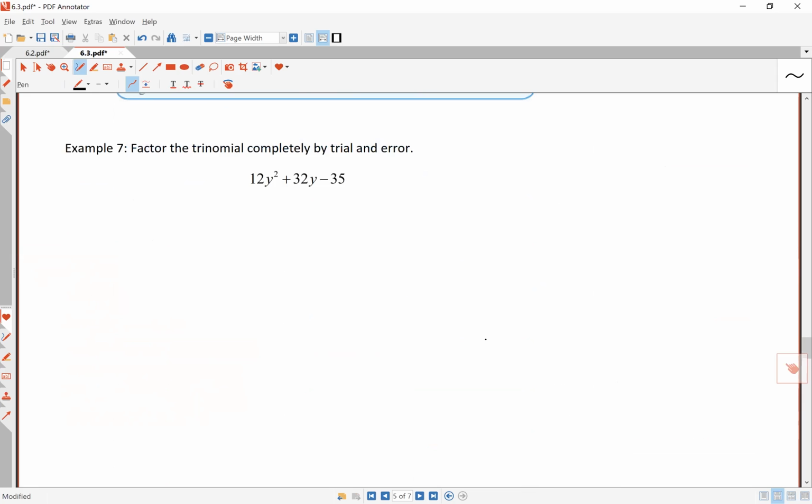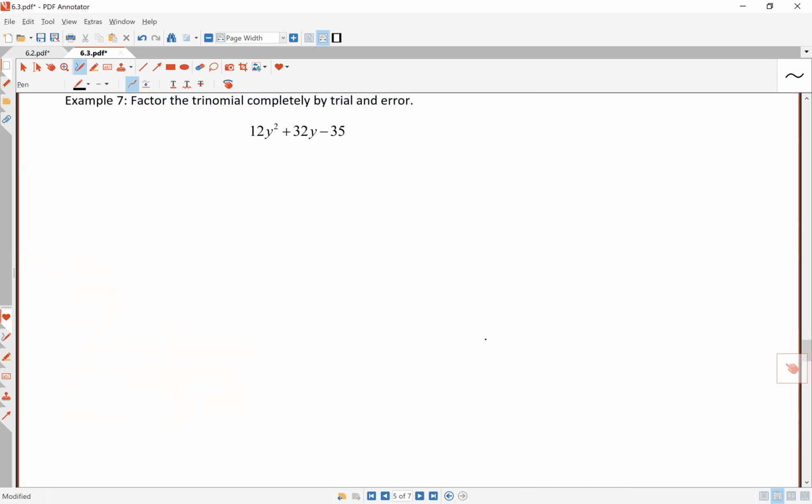Here's a perfect example for grouping. If we were to attempt trial and error, the 12 could be 1 and 12, 2 and 6, 3 and 4, then breaking 35 up, 7, 5, 35 and 1, quite a few possibilities there.